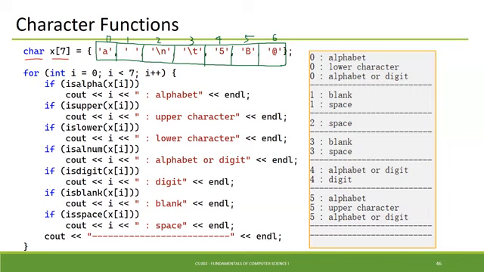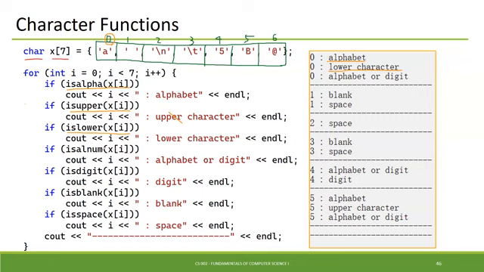Okay, so look at this one. When i is 0, is alpha? Yes, it is. Is upper? It is not, so this will be skipped. And is lower? Yes, it is, so lower character is shown.